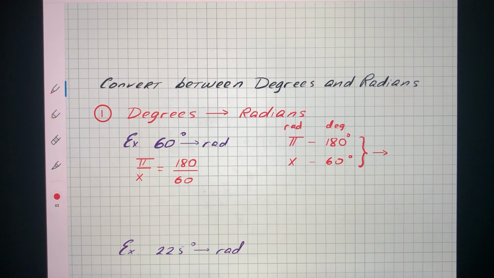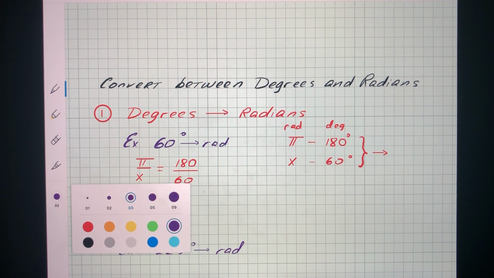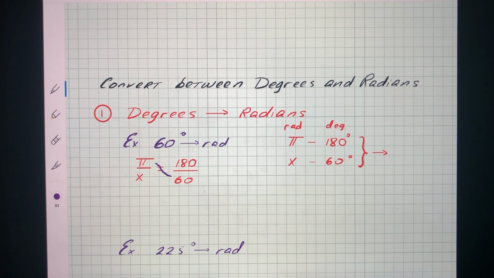So cross multiplying, pi times 60 will make 60 pi, and x times 180 makes 180x. Now all we need to do is undo the multiplication by 180. To do this, we divide both sides by 180, and we have our answer: x is 60 divided by 180 pi.